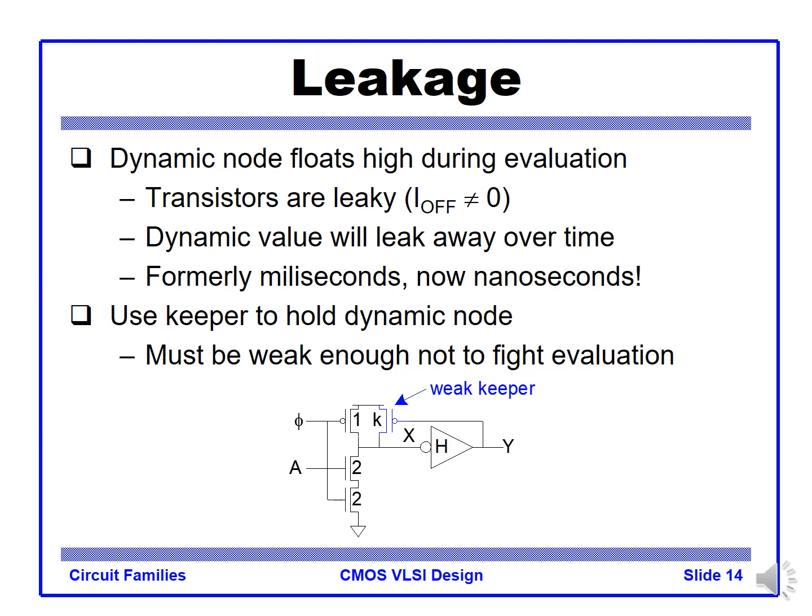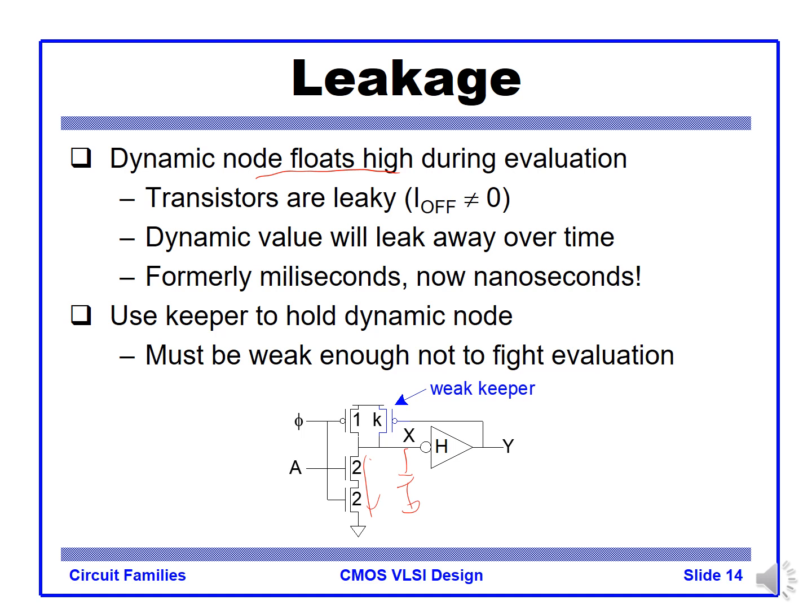One of the problems with the domino is that it relies on the floating output nodes. So the floating capacitor is charged to VDD, and if you wait long enough, there's leakage through the transistors. That will discharge the charge stored on the parasitic capacitance.